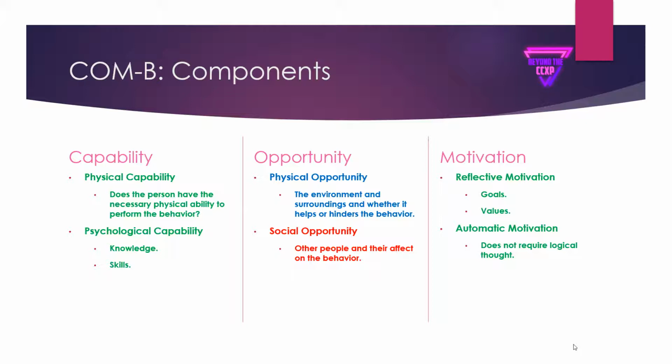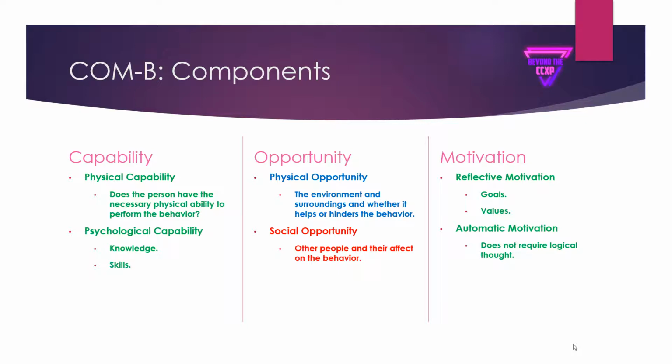Psychological capability: do they have the knowledge or the skills? Then we go over to the other side, motivation. Do they have the goals and values? And also, does it require any logical thought, or is it something that's just going to be automatic? Those are the areas that you can change if you're trying to influence someone to do a behavior at the individual level. Now, let's look at the red text.